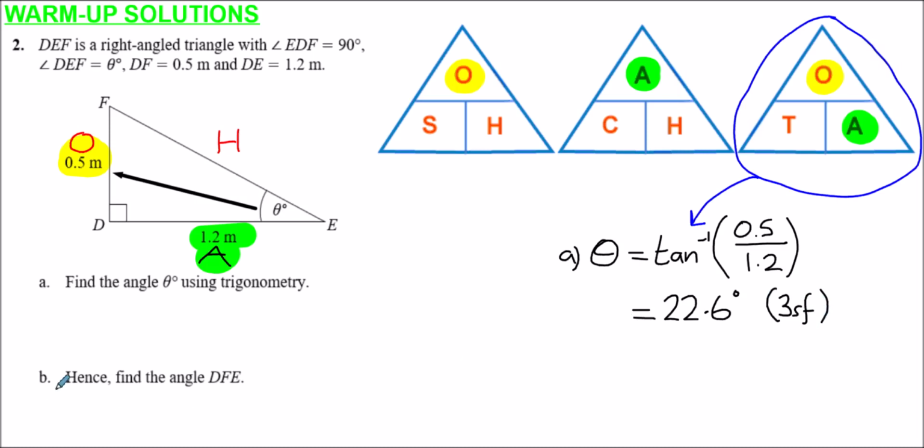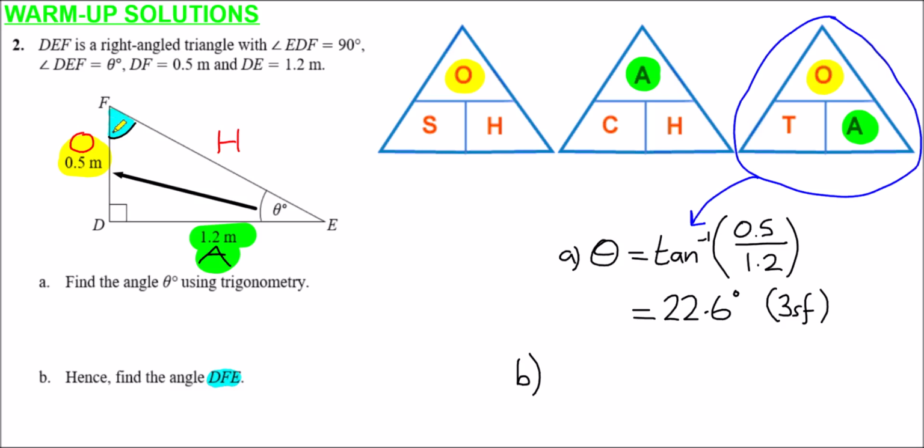For part B, it says, hence find the angle DFE. Well, DFE is this angle here at the top. So now we've worked out theta, we know this is 90, we can just use the angle sum of a triangle to work out DFE.